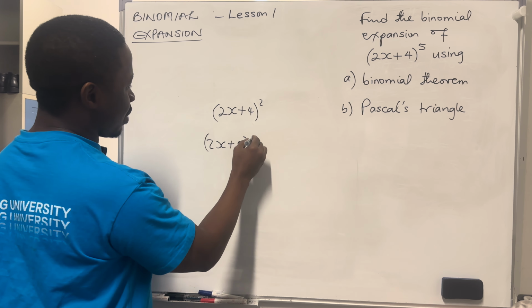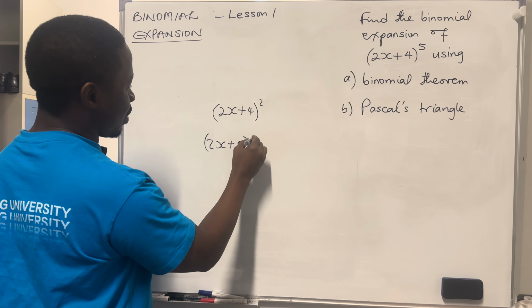This one starts with this power. This one ends with this power. This one decreases in power. This one increases in power. So 5 combination 1. What is next? You write 2x. You write 4. Is that clear? 5 combination 2.